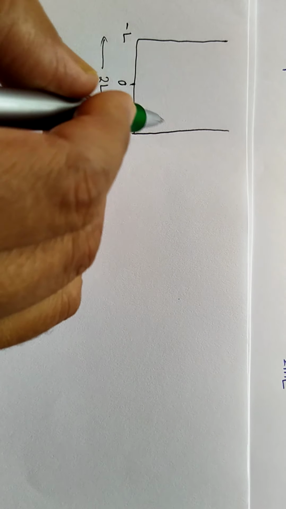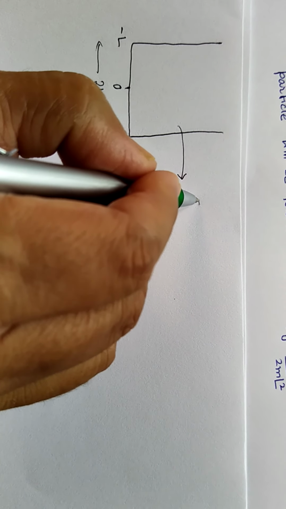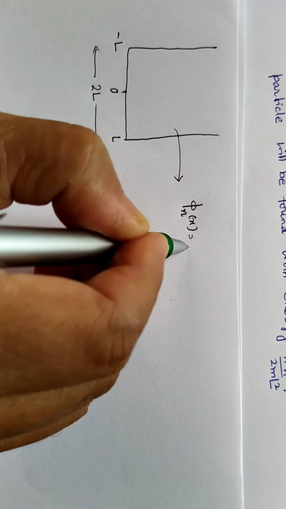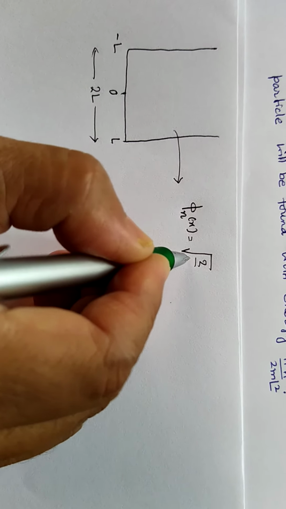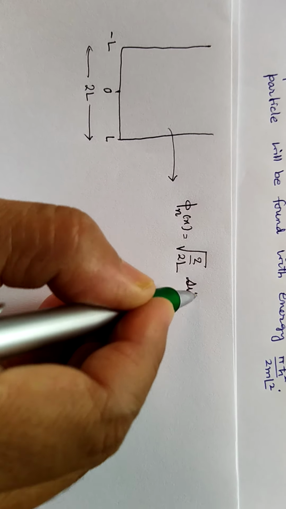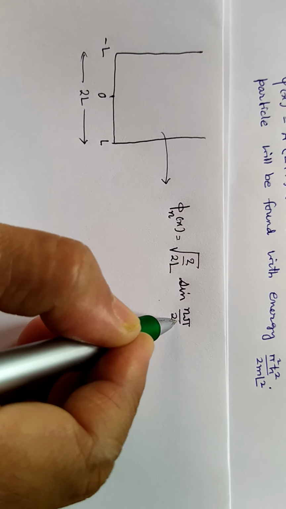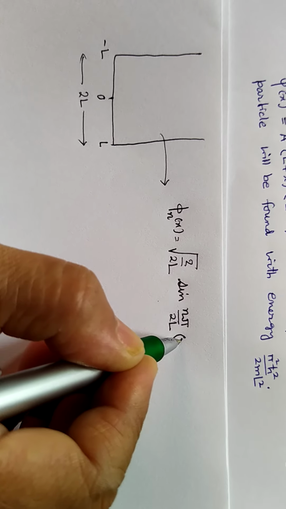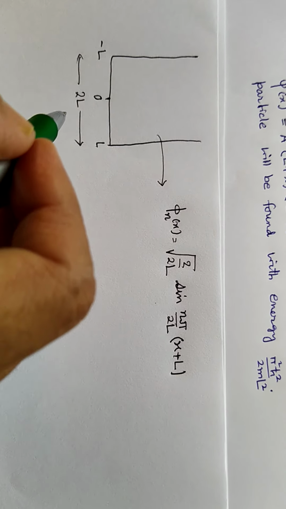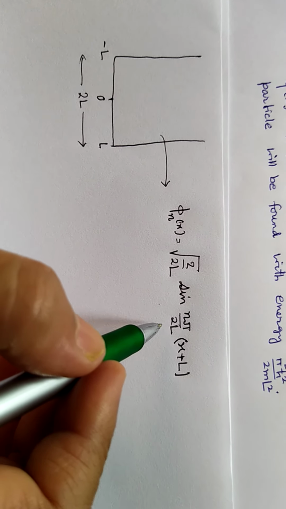And we know if we solve this problem, then it will have the stationary states denoted by phi n of x equals square root of 2 by 2L width, and then sine of n pi by 2L into x plus L. If it was from 0 to 2L, then it would have been n pi x by 2L.